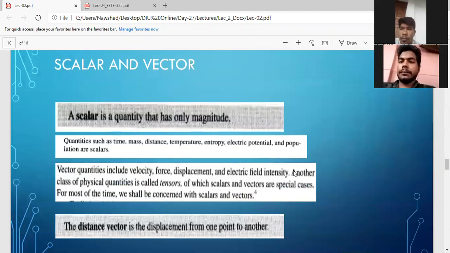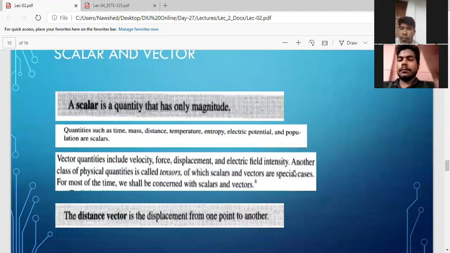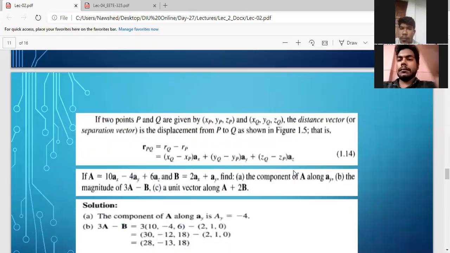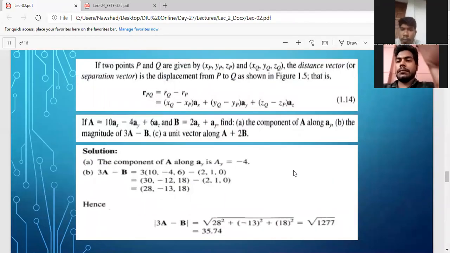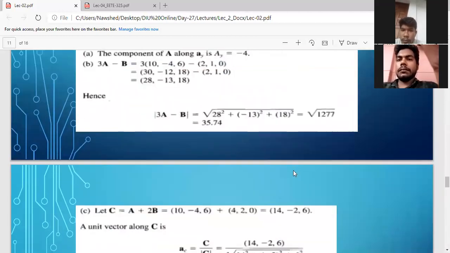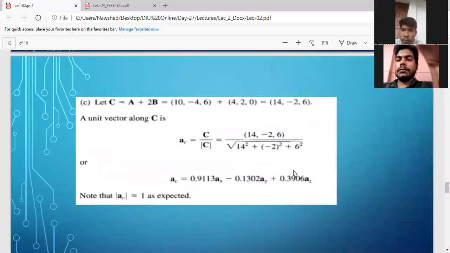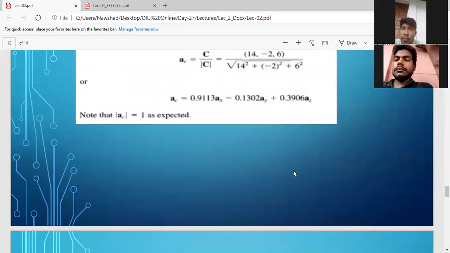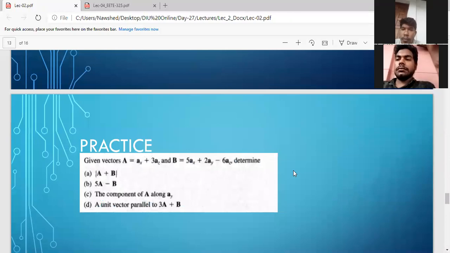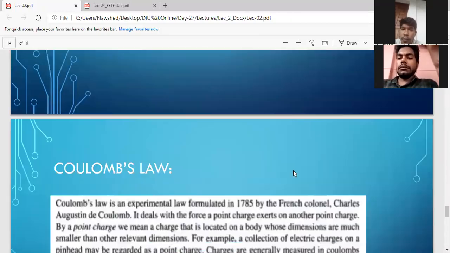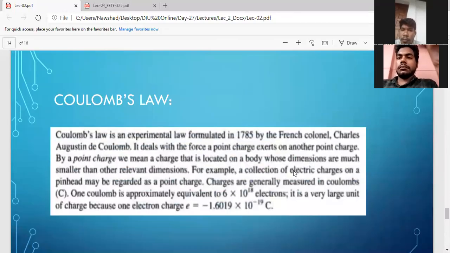Then scalar and vector, we have discussed it, and there were maybe two examples. One we have solved, and another was given for you to solve. Some of you have shown me how to solve the examples. And before that, we discussed Coulomb's law, our very basic law.